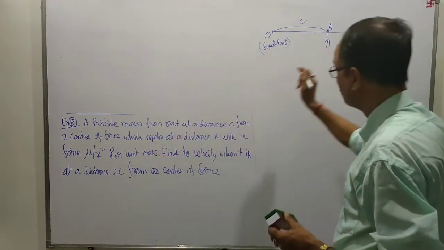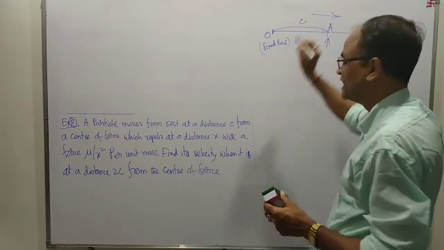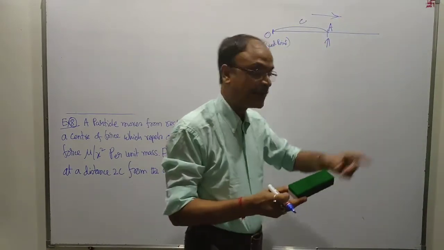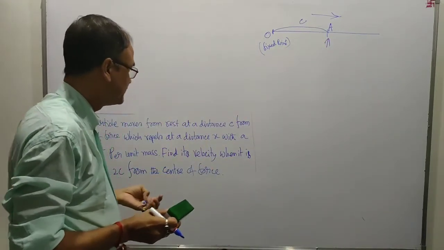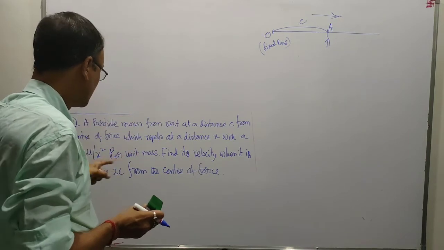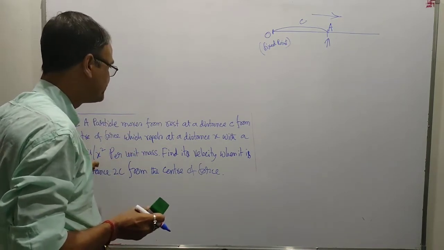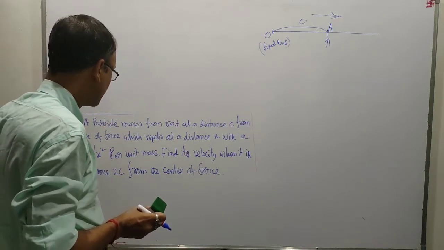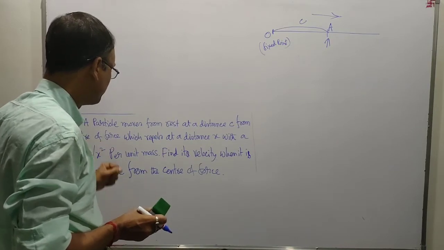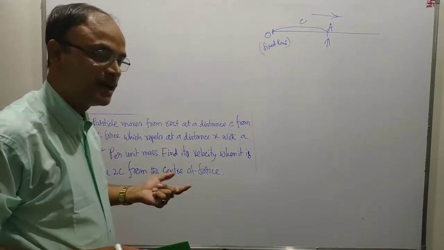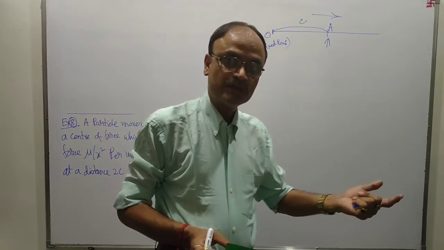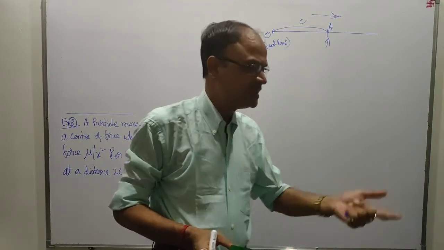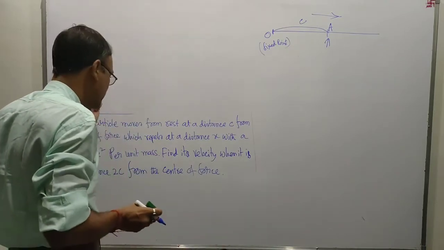Which repels, means the particle is moving in this direction. The acceleration is given to be mu divided by x square per unit mass. Force per unit mass.